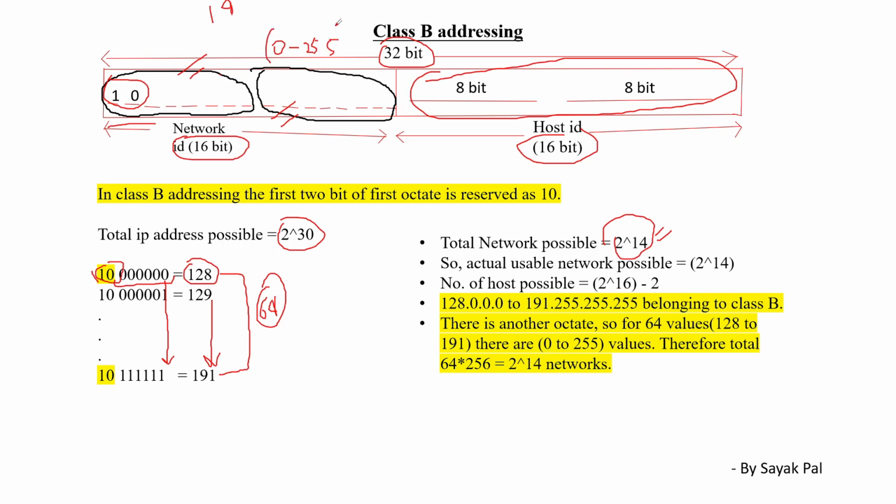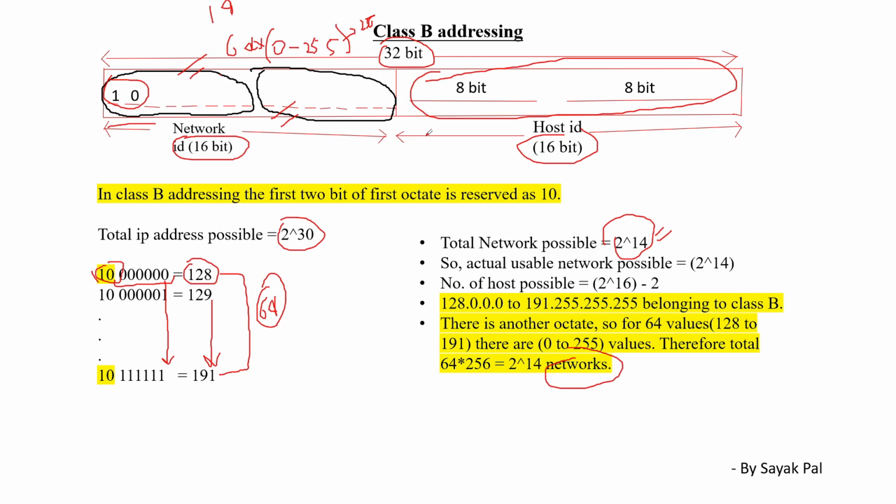Okay, for each of the 64 values there are 0 to 255 other values. That means 256 other values are there for each of the 64 values. What does that mean? That means total 64 times 256, that is nothing but 2 to the power 14 networks are available.